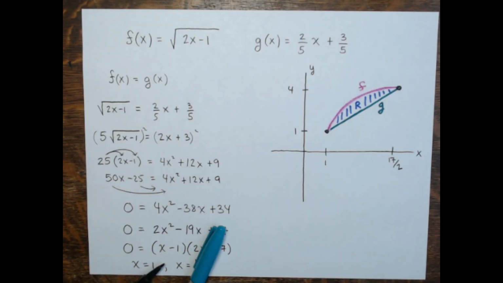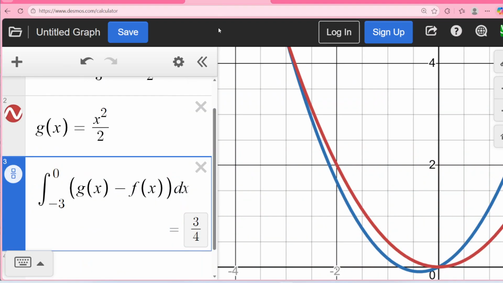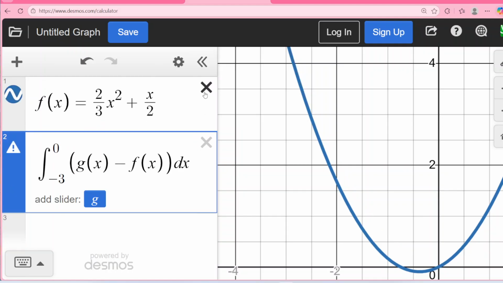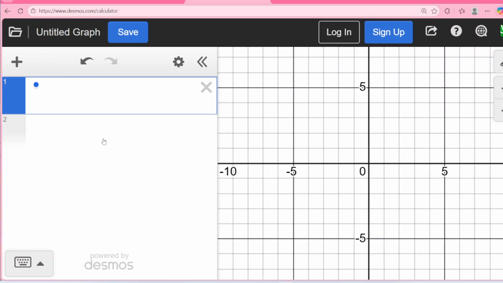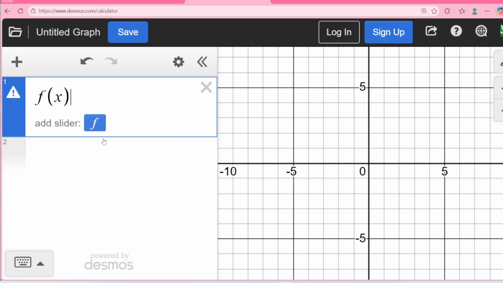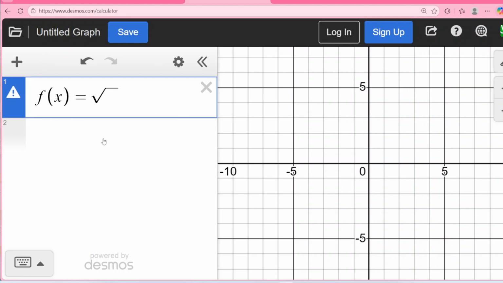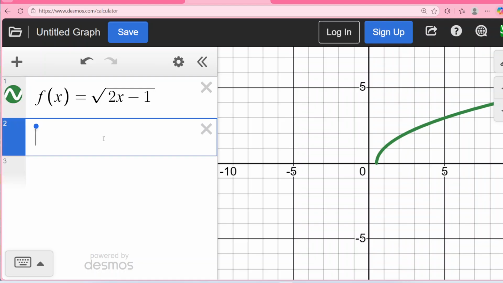So just to doubly verify this, we're going to go to Desmos. Let's look at the drawings. So again, my f of x was the square root of 2x minus 1.